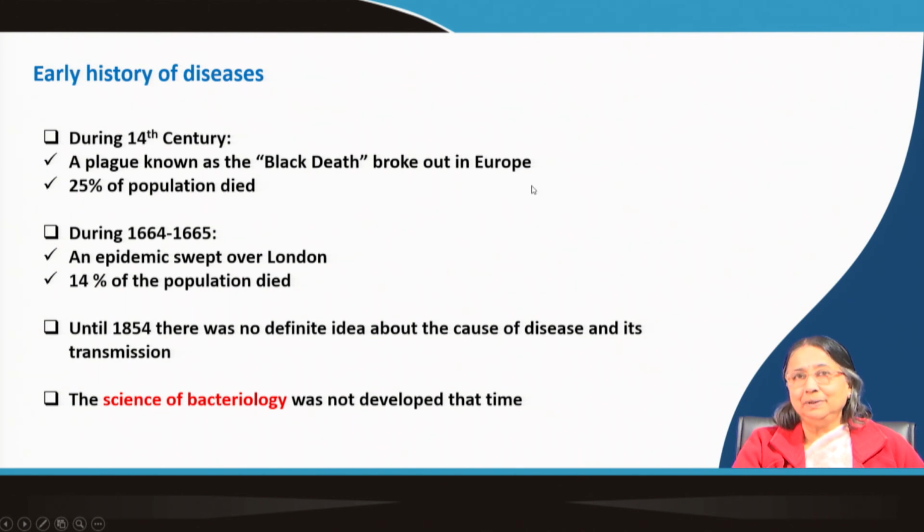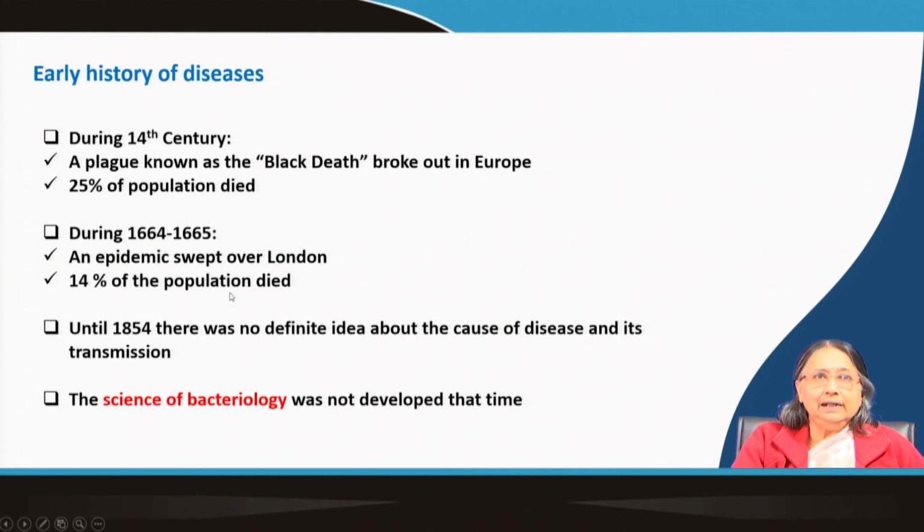In all the developed countries at that time, 25% of the population died. During 1664 to 65, an epidemic swept over London, and 14% of the population died. I have told only two or three, but there are many such occasions.